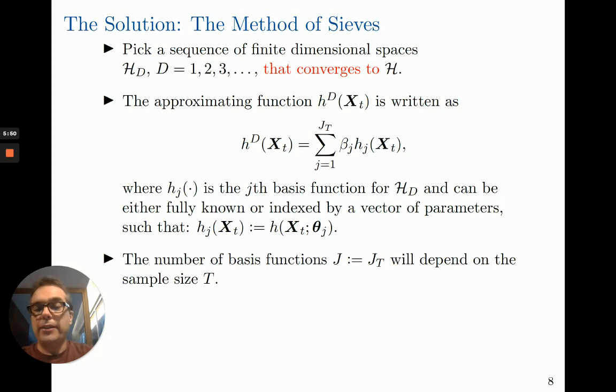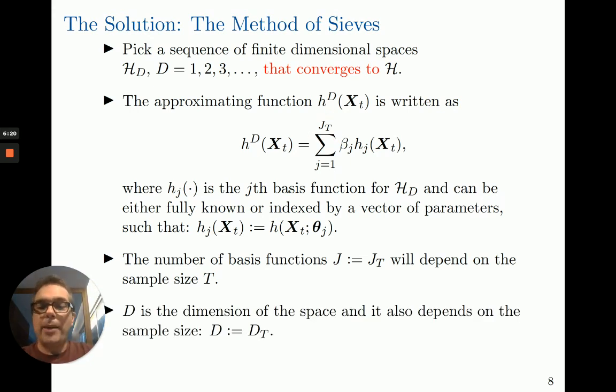And the number of basis functions that we have here depends on the sample size capital T. Okay? As the sample size increases, we want the number of basis functions to increase, because as j grows, we are going to improve our approximation capability of the unknown original function that's our target. Okay?